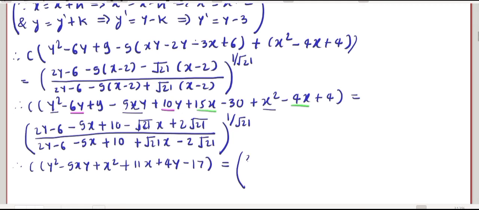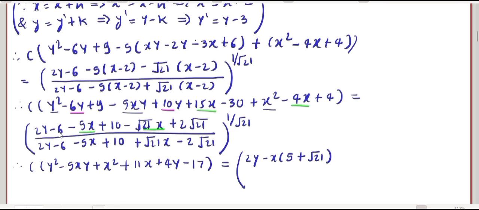2y. Now here taking x common from these two terms, we get minus x common, we get 5 plus under root 21.